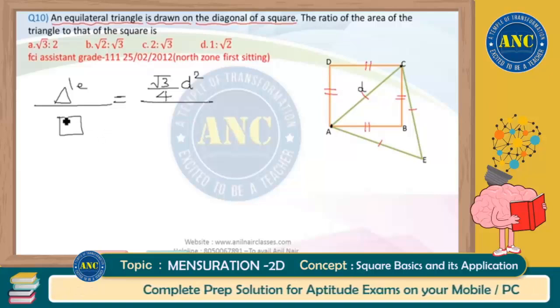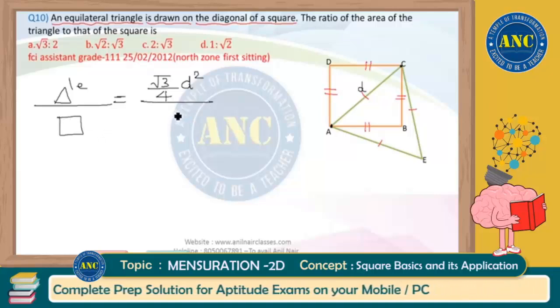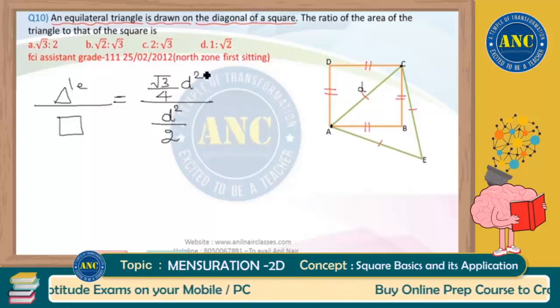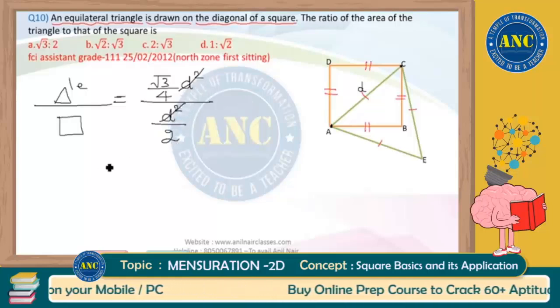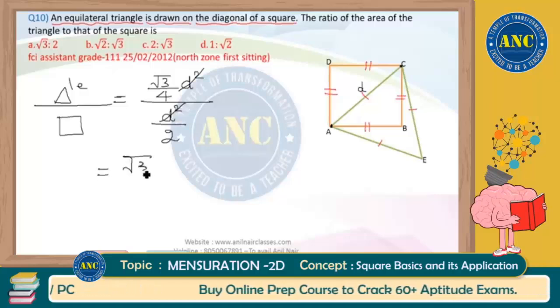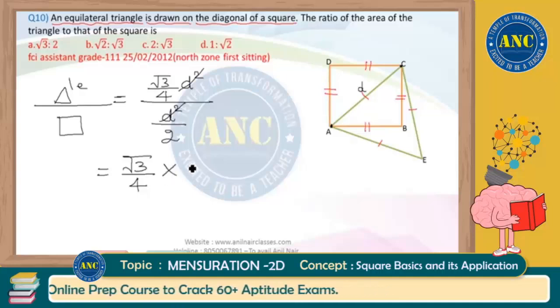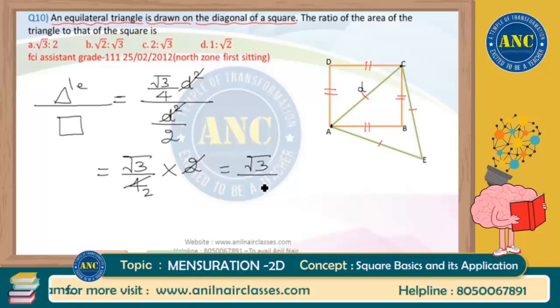Now, what is the area of the square? Area of the square in terms of diagonal is D square by 2. D square cancels with D square. So this will be root 3 by 4 multiplied by 2 by 1. So 2 into 1, 2 into 2. So the ratio is nothing but root 3 is to 2, which is option A.